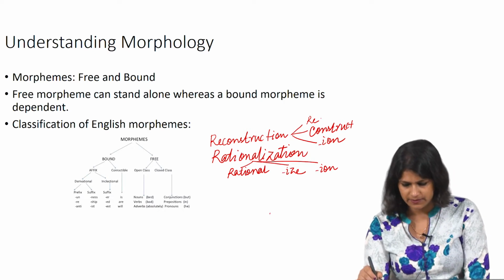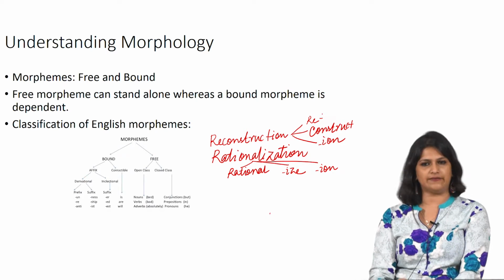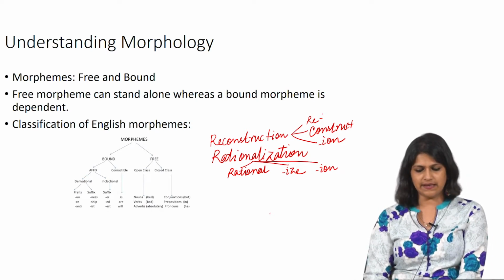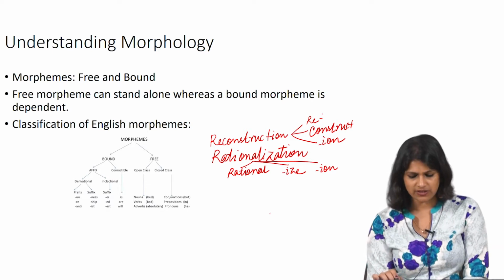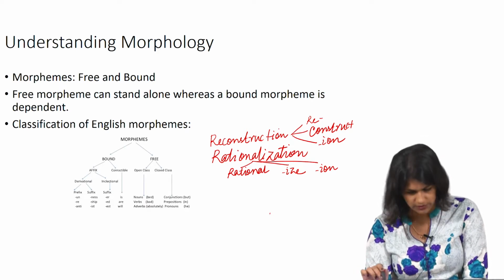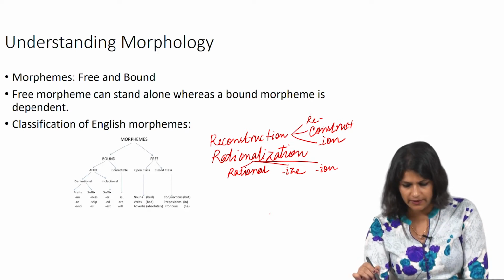When it is a prefix, we put a hyphen after that. So, in this word you can see rationalization has three morphemes and reconstruction also has three morphemes, but here re is what? That is a prefix.